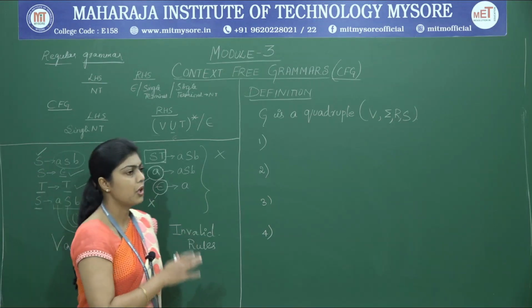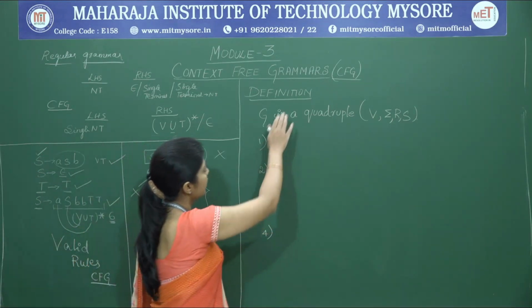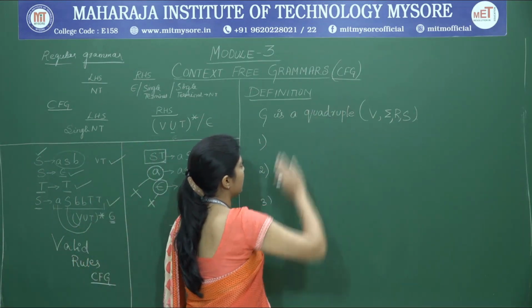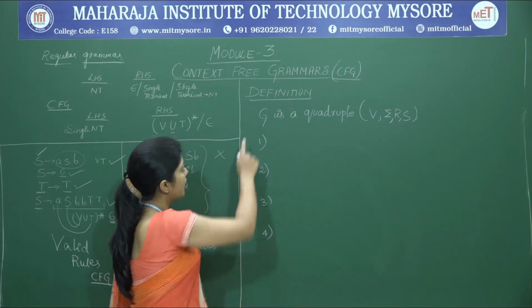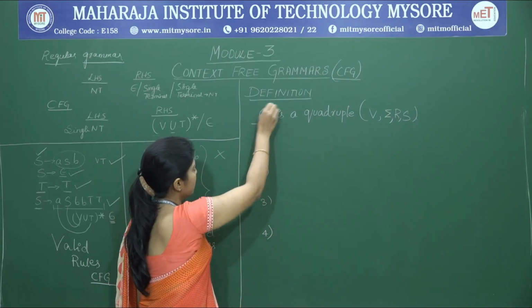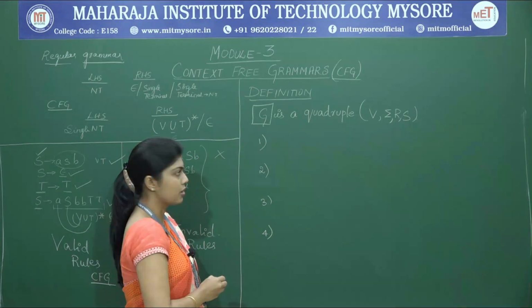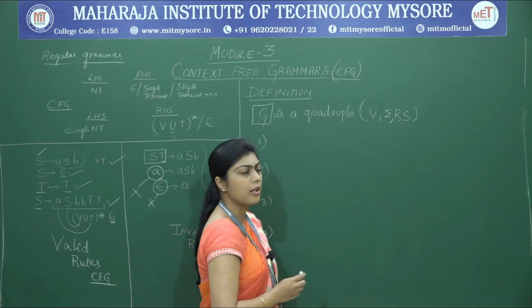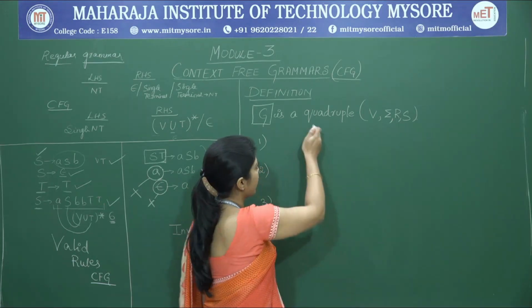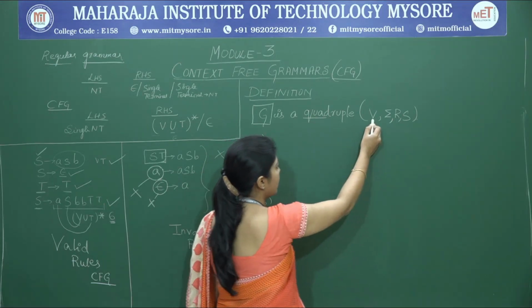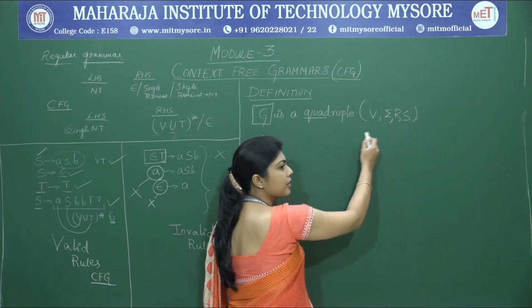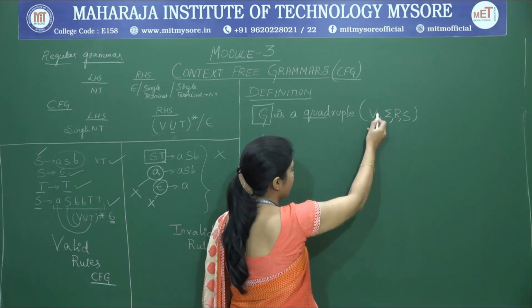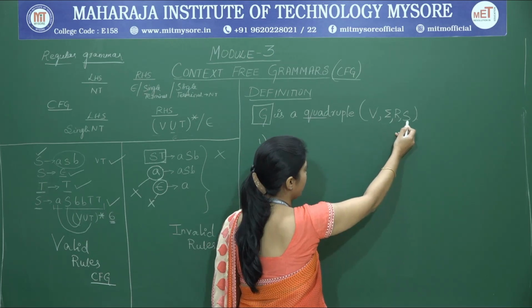So we will try to formally define what is the context free grammar, that is a CFG. A grammar G, any grammar G, is defined as a quadruple. Okay, so there are 4 parts here. So therefore we say quadruple, and the different things that comprise the CFG are V, sigma, R and S.